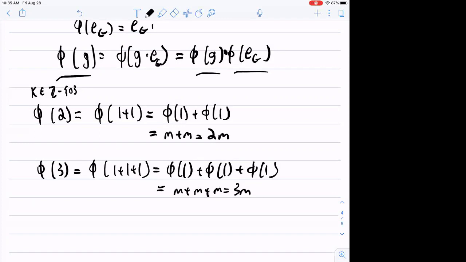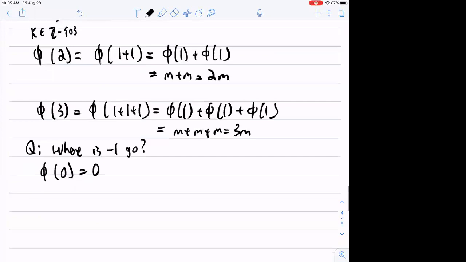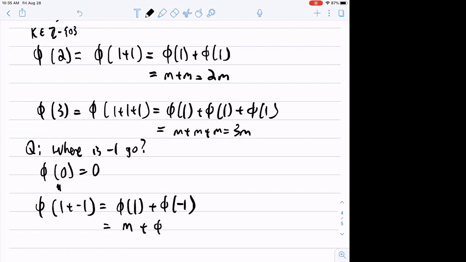And let me just convince you for the negative side. So question, where does -1 go? This is also determined. Because phi of 0, which we know is 0, on the other hand is phi of 1 plus -1. And this has to be phi of 1 plus phi of -1. And we know phi of 1 is m, we assume that.